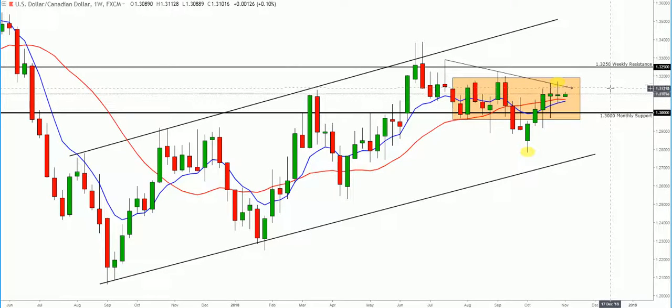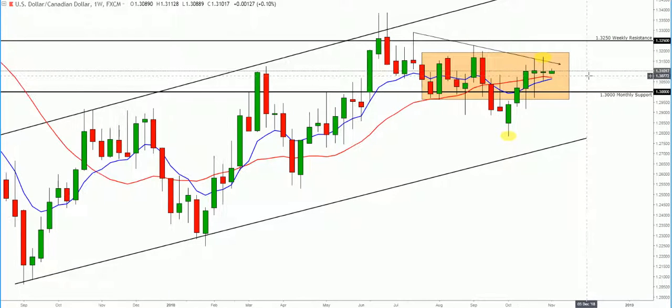Oil is struggling somewhat with the US placing sanctions on Iran. However, at the same time, the US strength could be stalling slightly. So lower oil prices would see this pair heading higher.